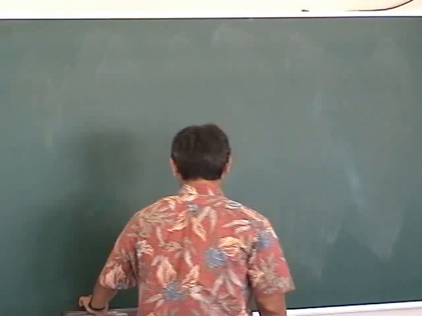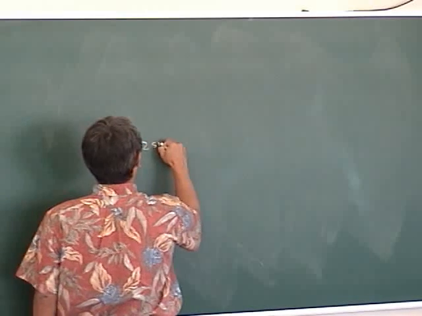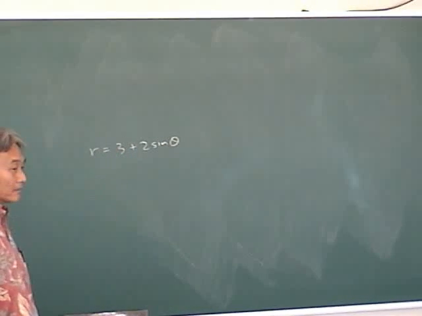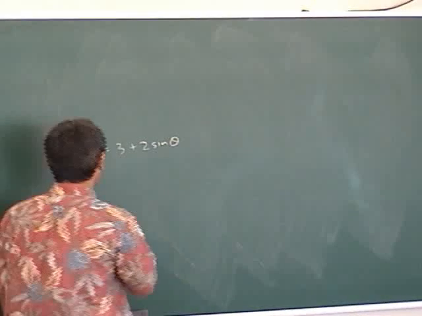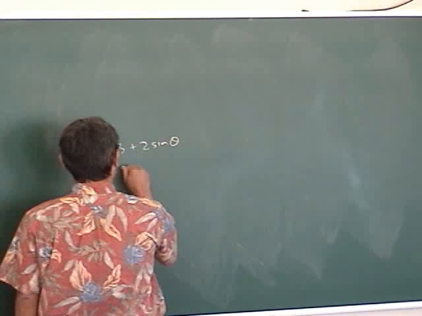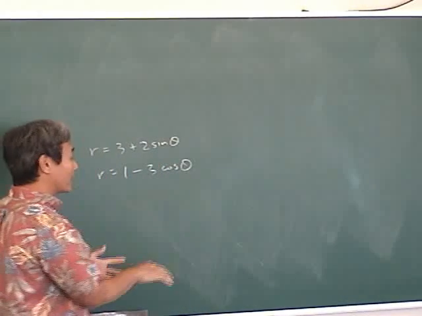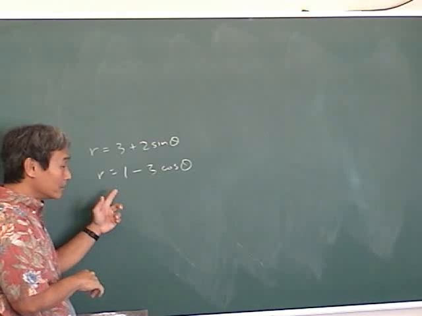Yes or no? Like this. R equals 3 plus 2 sine theta. 1 minus 3 cosine theta. See, there's no hint or anything, so that's one of the ones you gotta know. Inner loop.